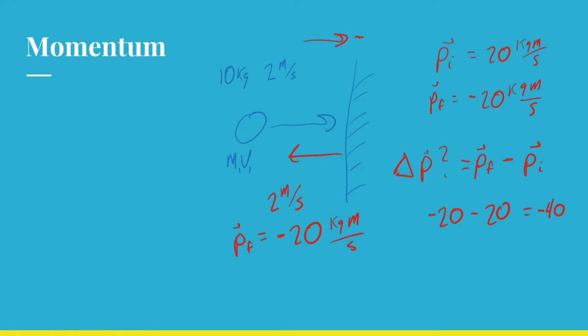Okay, what if we have that same situation where the ball is impacting with a wall? It has M1, V1, and then when it hits the wall, it's made out of, like, I don't know, really gummy material, and it sticks, so that our V2 is equal to 0.